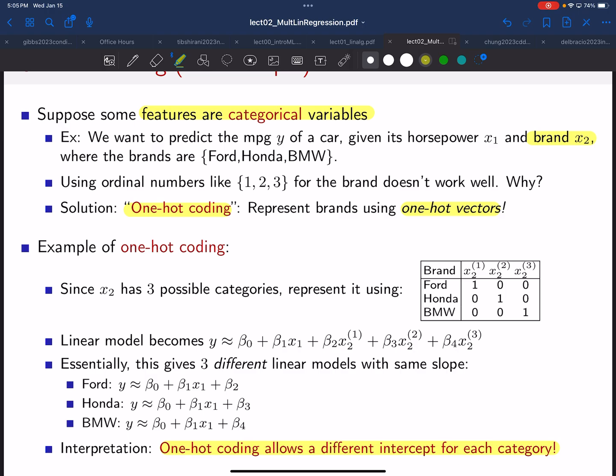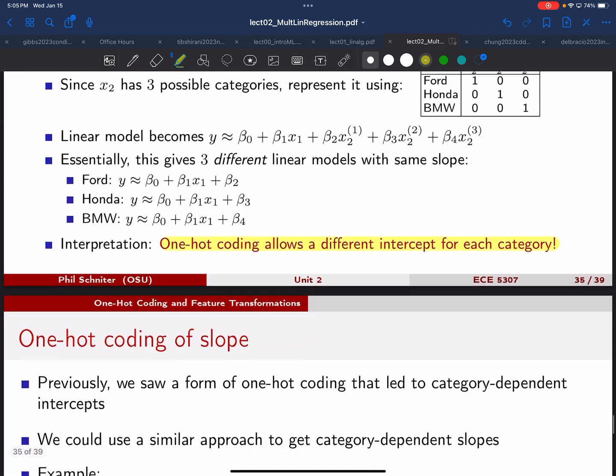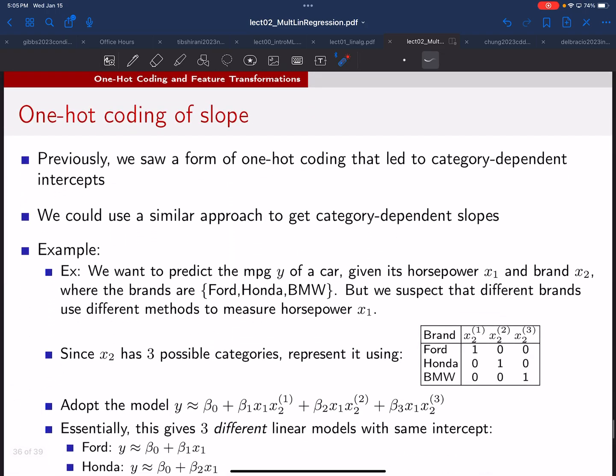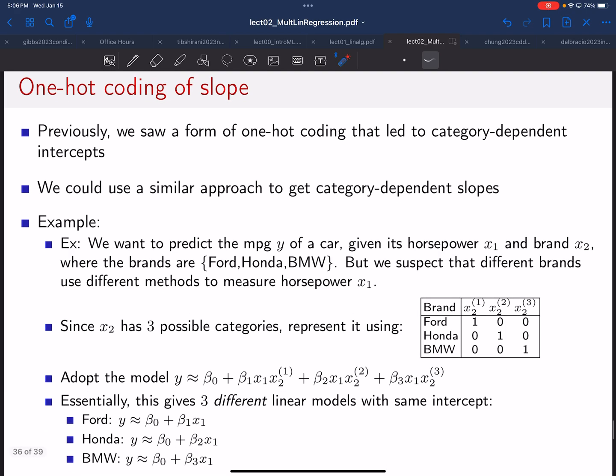That may be a valid thing to do, or you might say, no, I actually think that all those brands should have the same intercept. Maybe what should actually change is each brand should have a different slope coefficient. If we want to do that, there is a variation we can do, one-hot coding the slope. It's similar in that we have this same coding, but what we're going to do with it is slightly different.